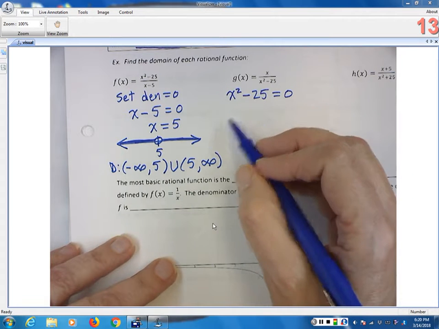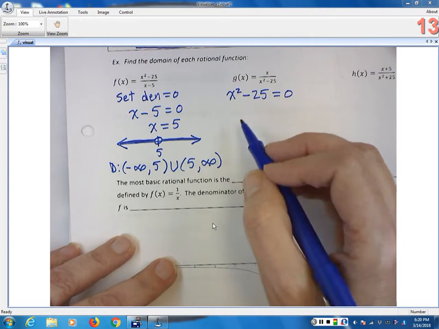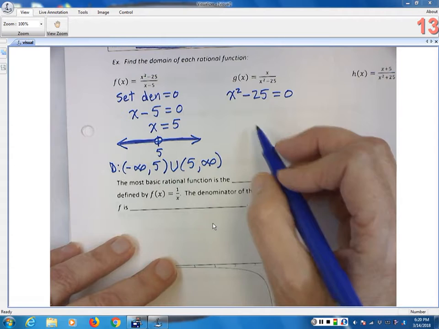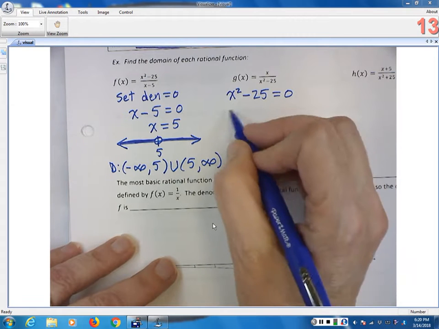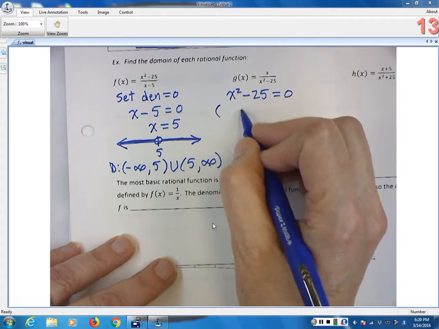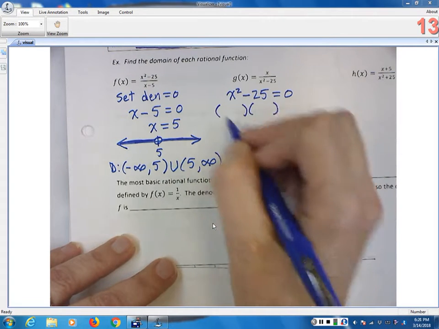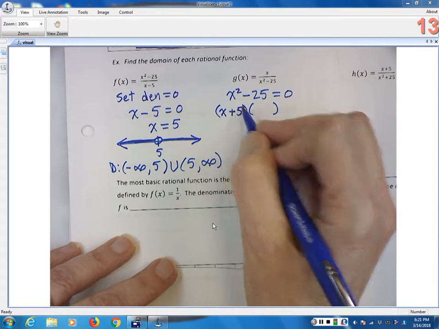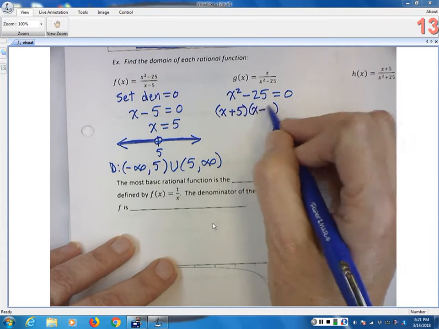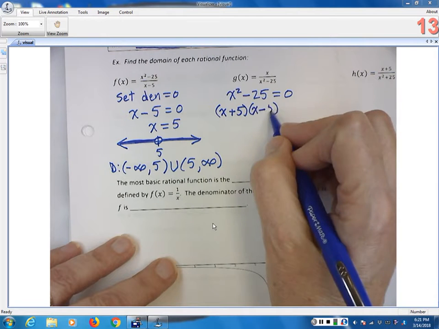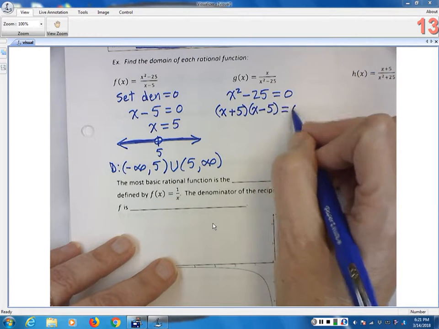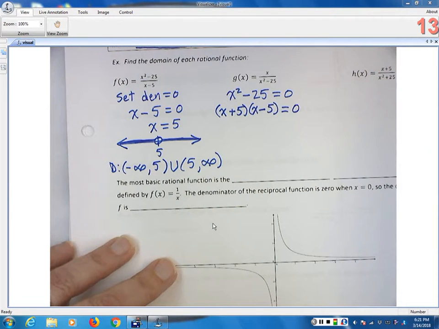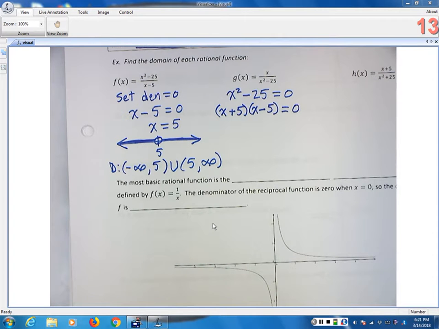And I like to factor this. This is a difference of perfect squares. It always factors, and it's going to factor into x plus the square root of 25, which is 5, and x minus the square root of 25, which is 5. So you should have that memorized, that the difference of perfect squares factors that way.